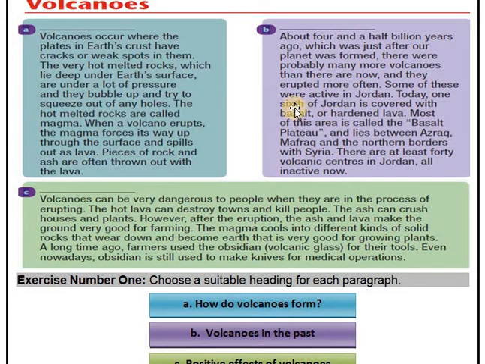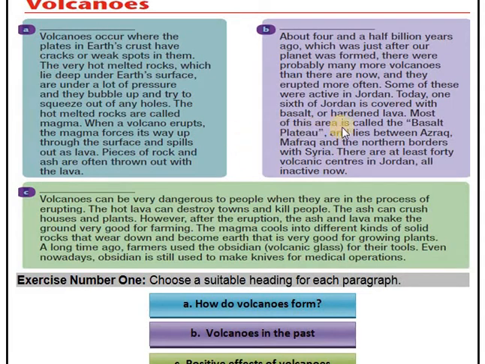Today, 1/6 of Jordan is covered with basalt. سدس الأردن مغطى بشو؟ بالبازلت today اليوم. Or hardened lava أو حمم صلبة. Most of this area is called the basalt plateau.